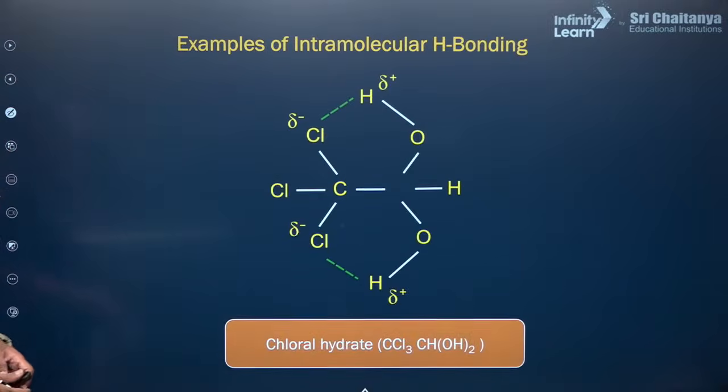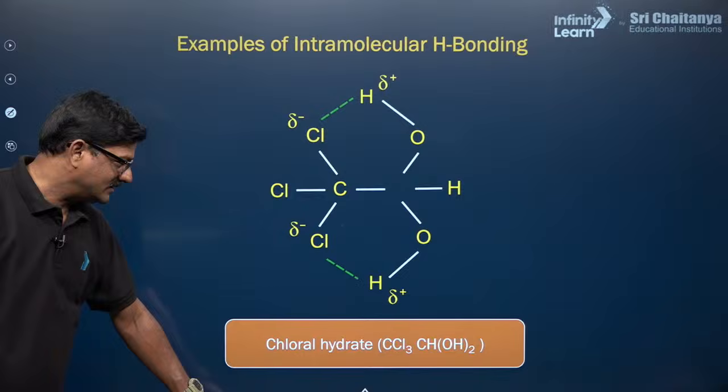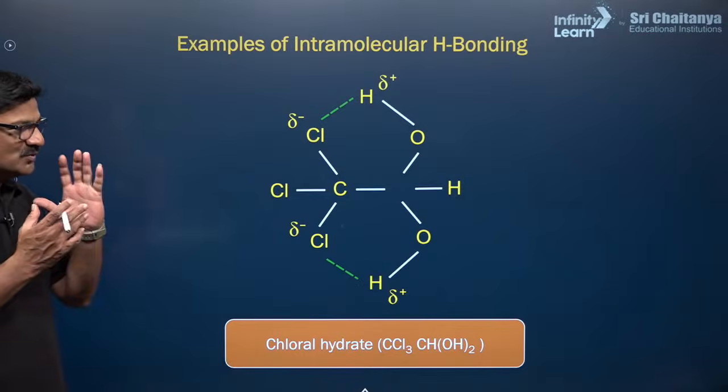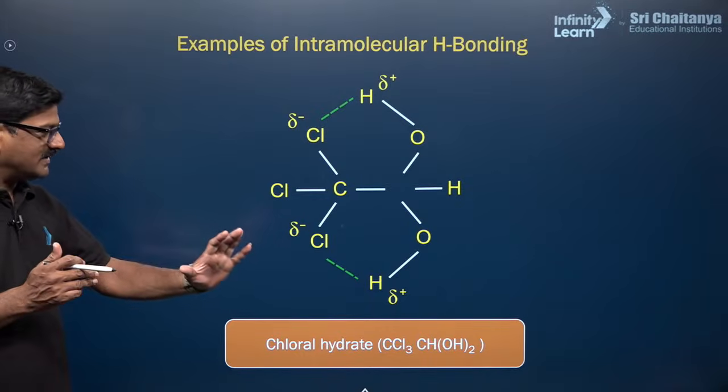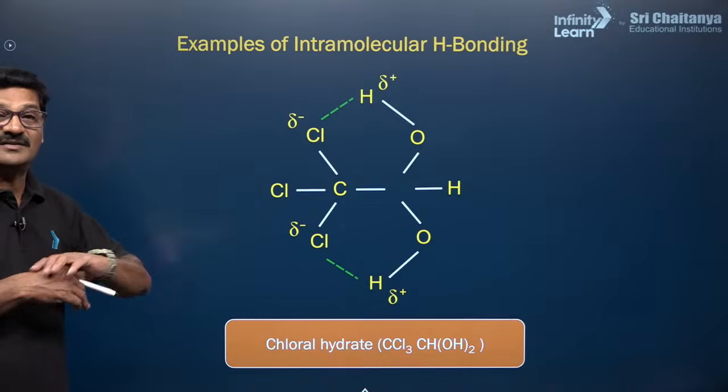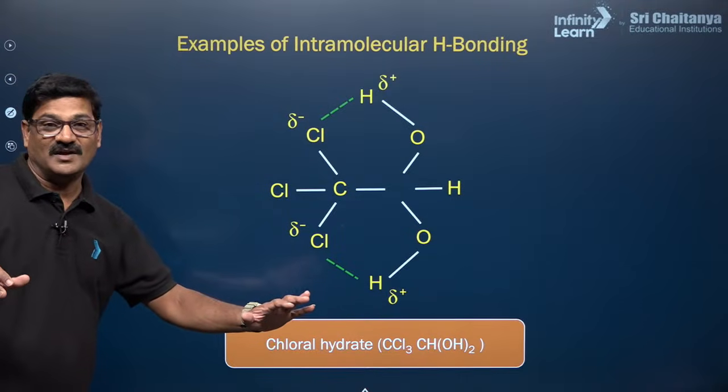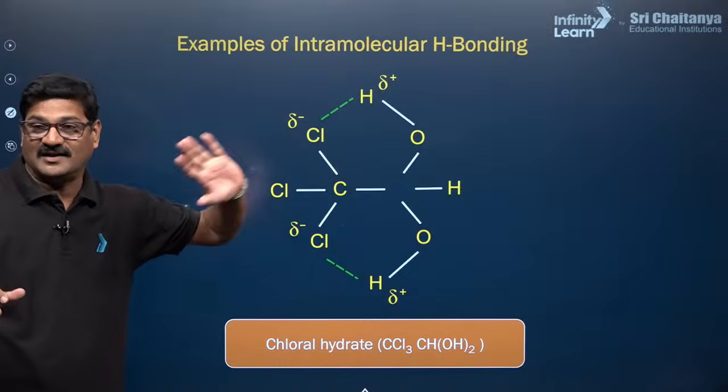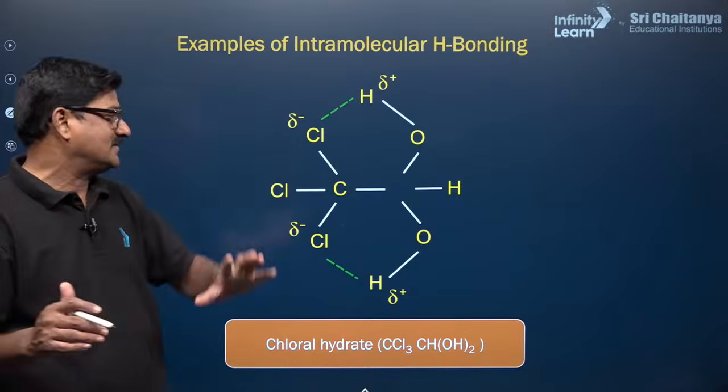And also you can see chloral hydrate. Actually, two OH groups do not exist on the same carbon atom, never and ever. This is an exception in the entire chemistry. Chloral hydrate is one example.